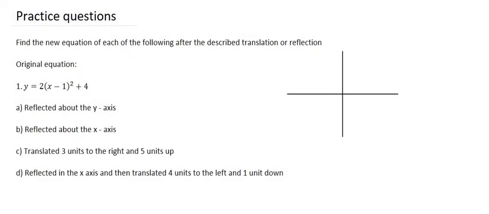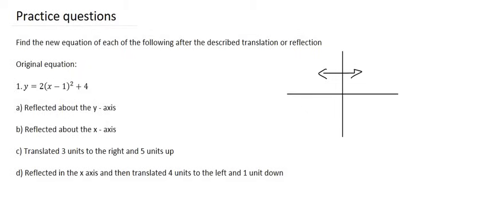So remember, that means you're going to jump over the y-axis in this direction. So will your y values change, or will your x values change? It's your x values that are going to change. And so each x value just becomes the opposite of what it was. So if the x value was 5, it now becomes minus 5.